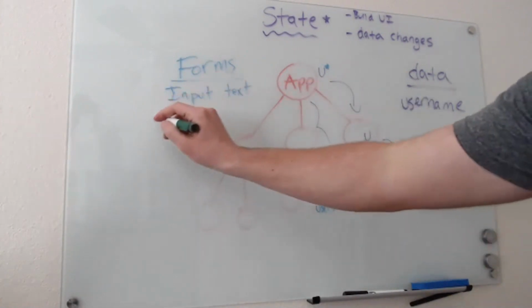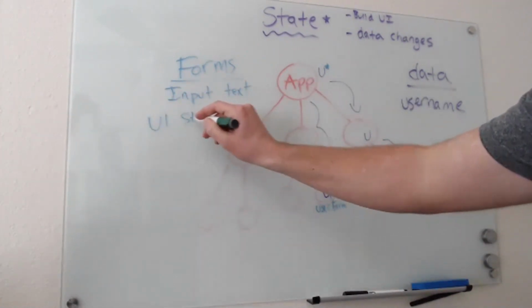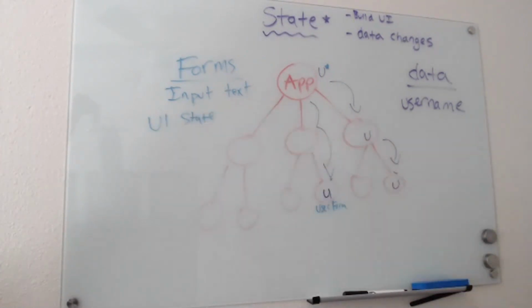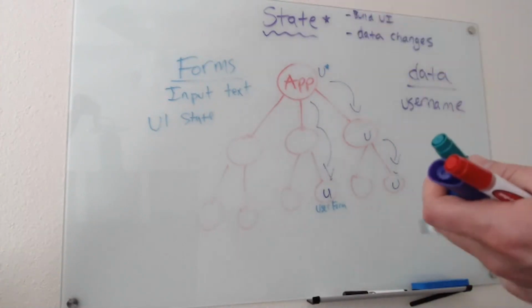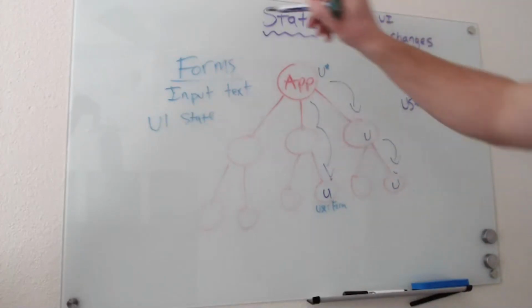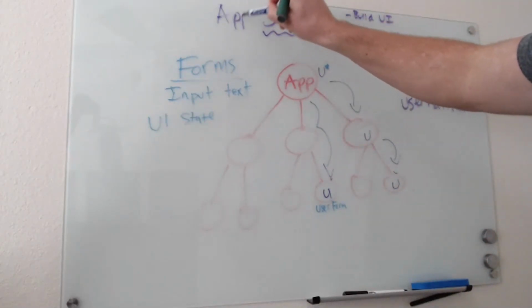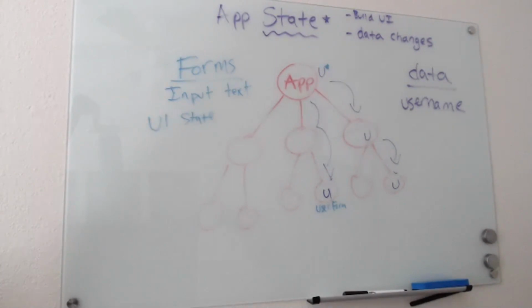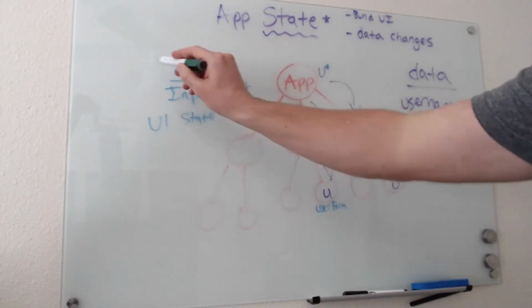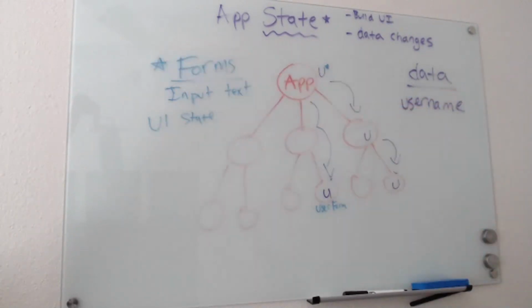So this is what we call UI state. It's state that lives in the browser. It doesn't need to be stored on the database. It's separate from our app state that we generally refer to when we talk about state and data. So this right here kind of muddies the state waters.